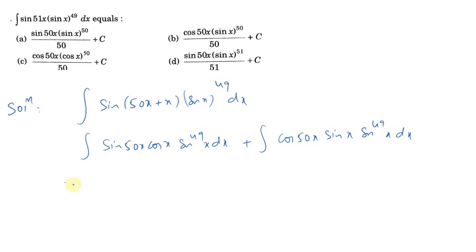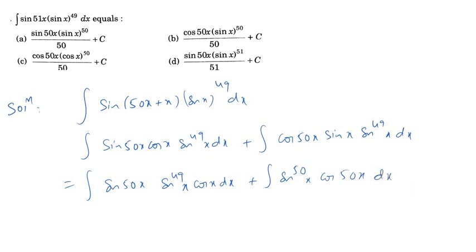So what you got? This is integration of sine 50x into sine power 49x into cos x dx, plus integration of sine power 50x into cos 50x dx.